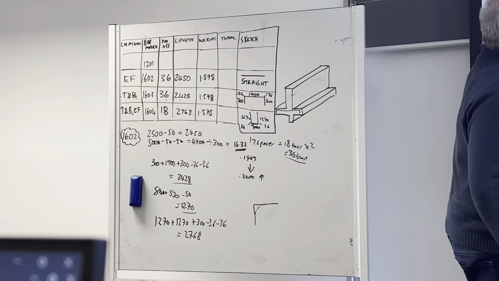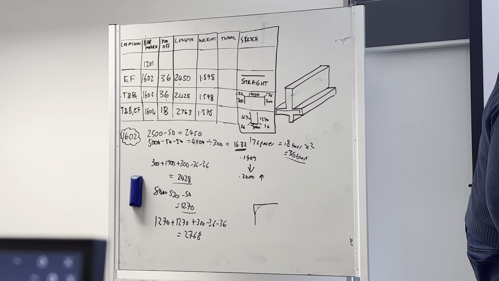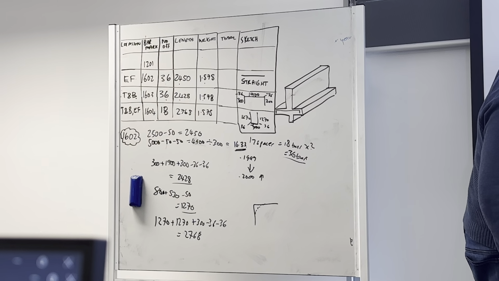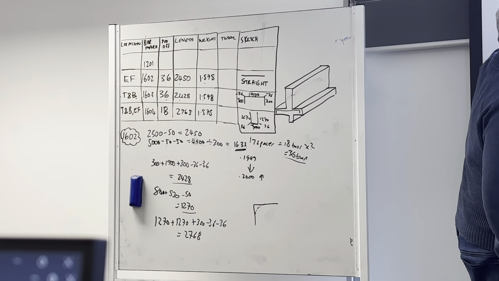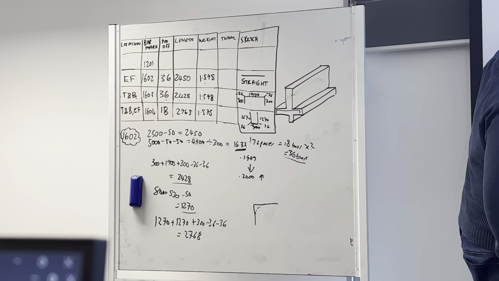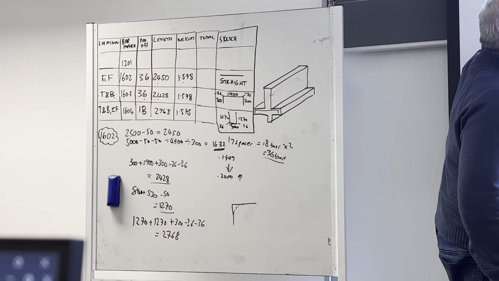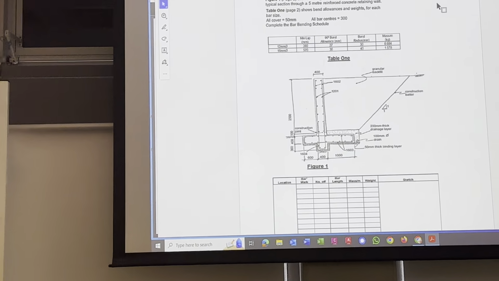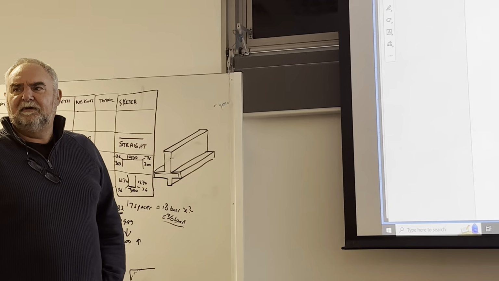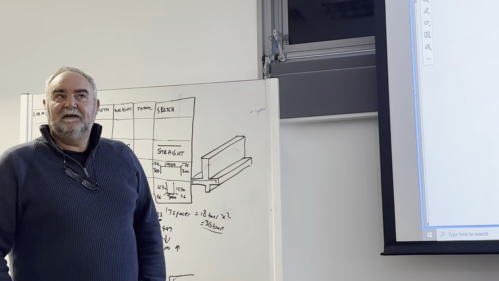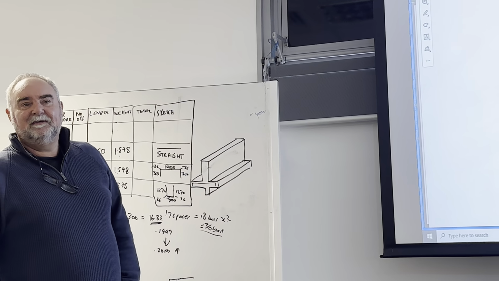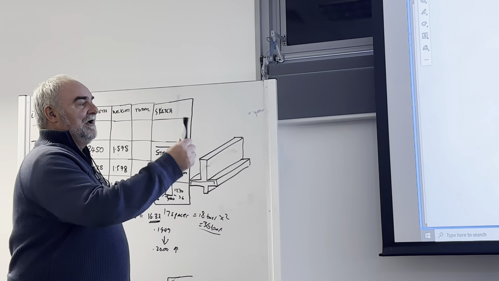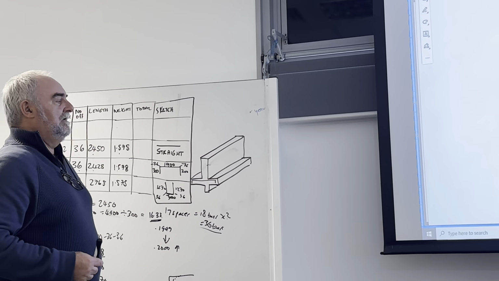A is going to be 2,500 minus the cover, because you can't put it on the construction line joint. So that's going to be 2,400 divided by 300. It's 8 gaps, 9 bars. All right, 9 on one side, 9 on the other, 18 altogether.